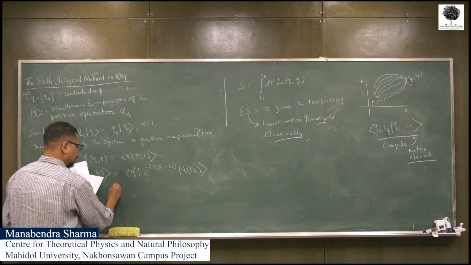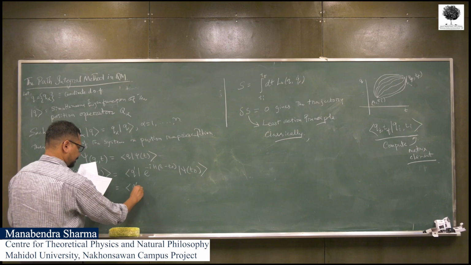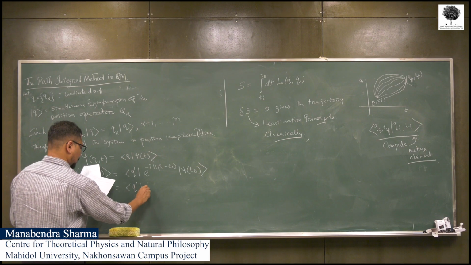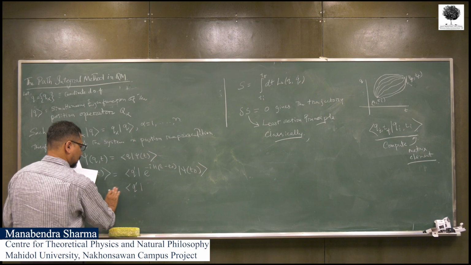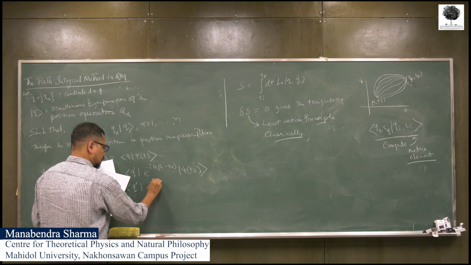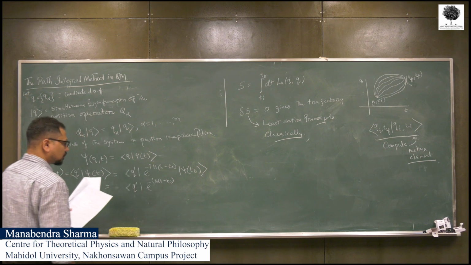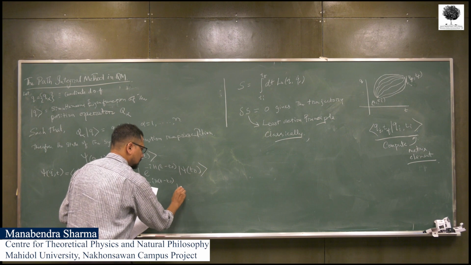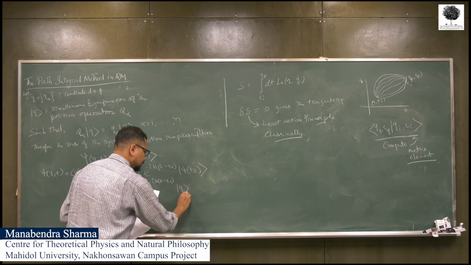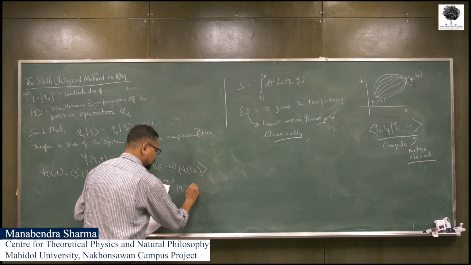Which is nothing but bra q prime, e to the power minus i H (t minus t naught). What I'm going to do here is introduce the identity operator.